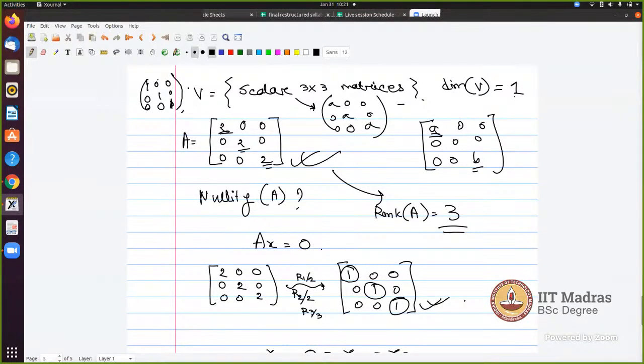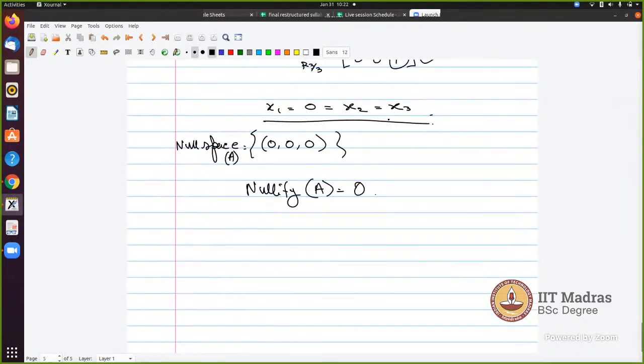No, sir. Can you please explain once more? So the general form of a matrix in this vector space can be written like this. Is it clear? This one till this one. So this is the general form of the matrix, and this is my vector space, correct?